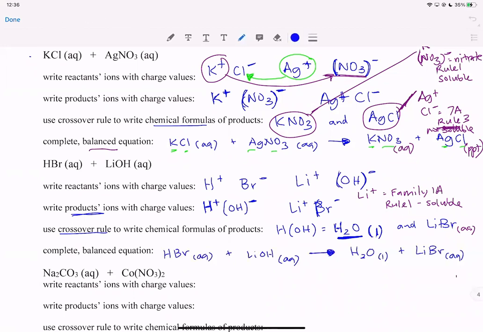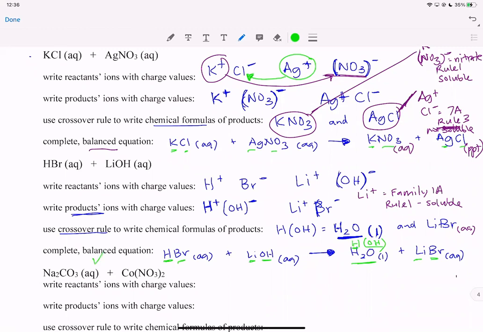What I like to do in order to balance it is write over it the HOH that it originated as. That will help you see that you have one hydrogen and one hydroxide instead of two hydrogens. So you don't need to add any coefficients. This is balanced. You have one of everything in there.